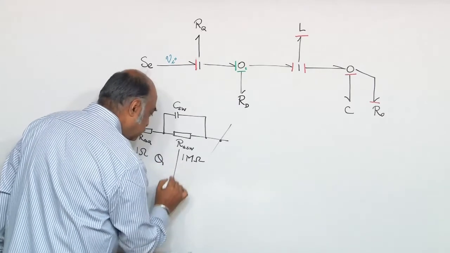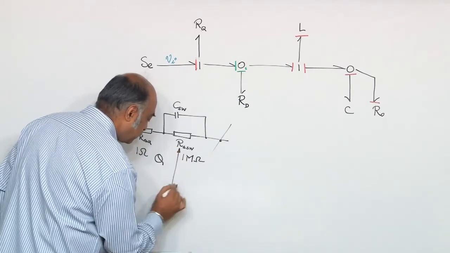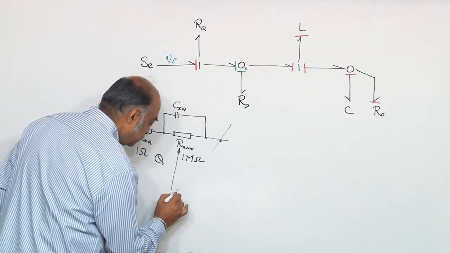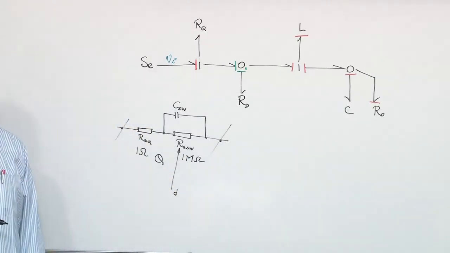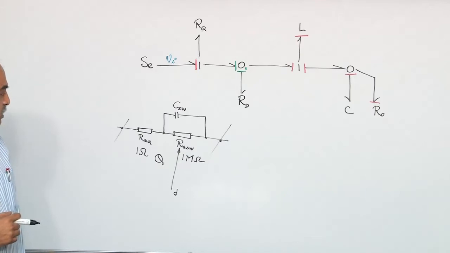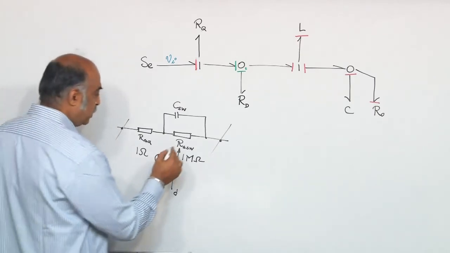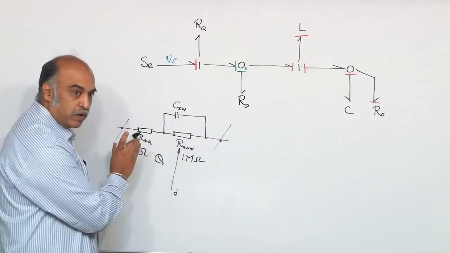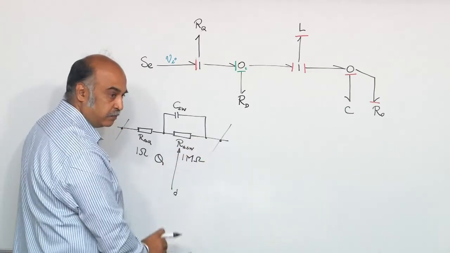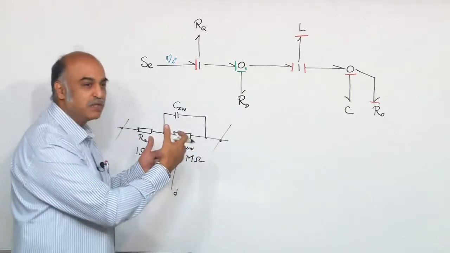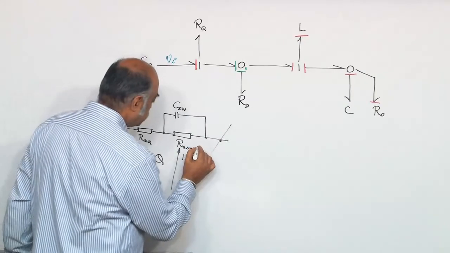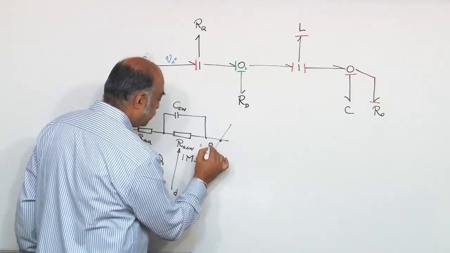This is actually switched through your duty cycle. So, when the switch is on, this is not actually modulated, only this is modulated. If you want to simulate it, this will go from, let us say, 0 to 1 meg.